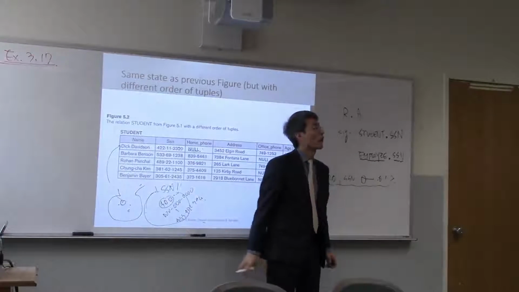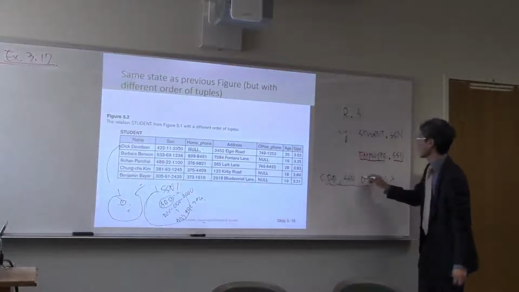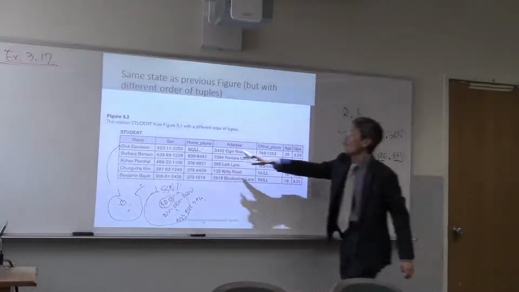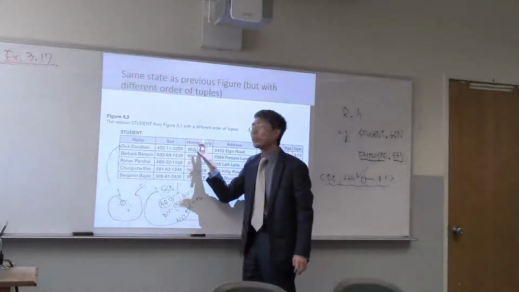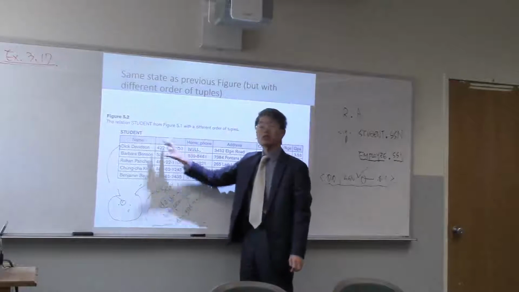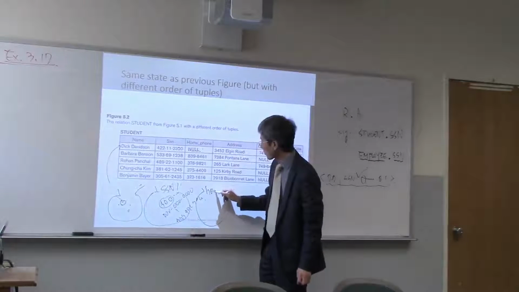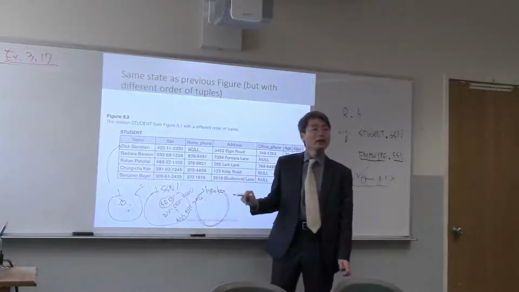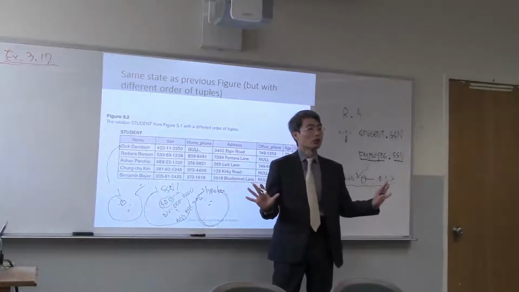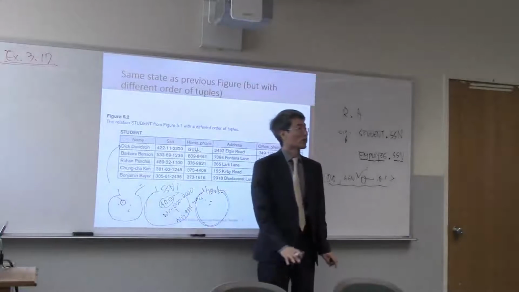So to address that problem, intentionally we create a value, even though the home phone number doesn't exist, because Dick Davidson does not have one. So from the home phone domain, there is no Dick Davidson number.